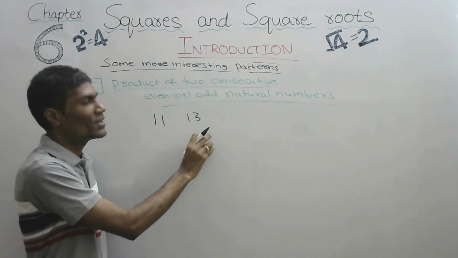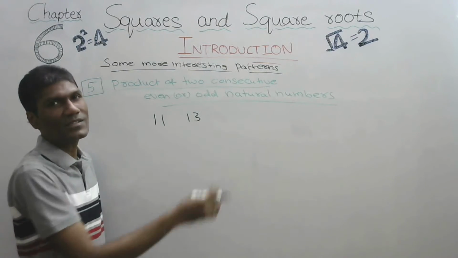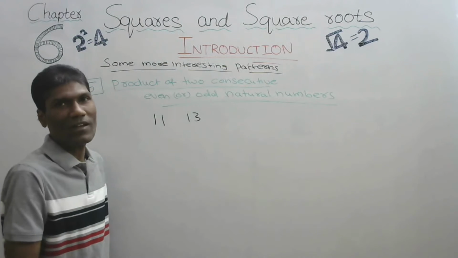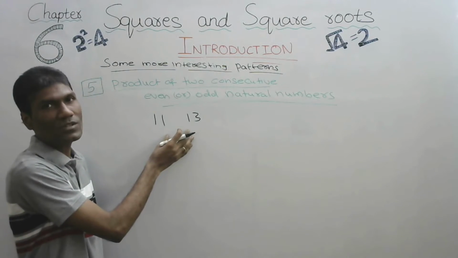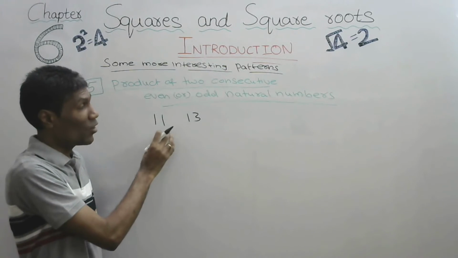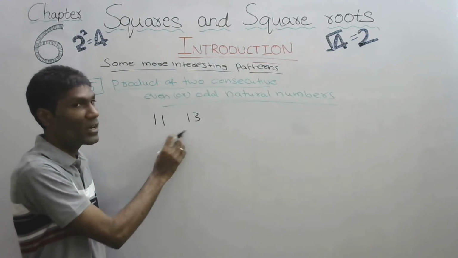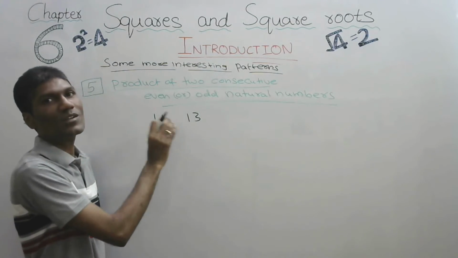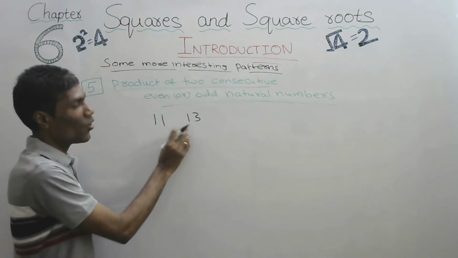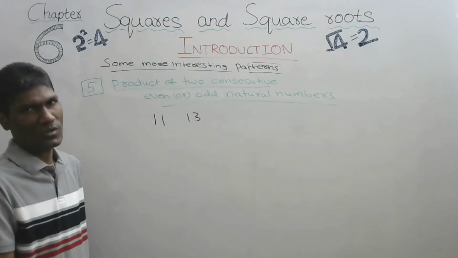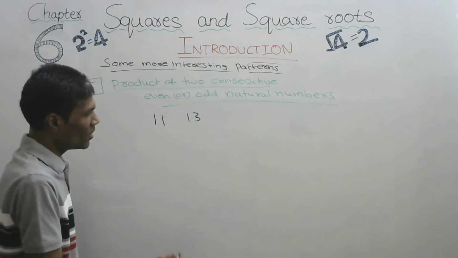Numbers side by side, or next number, like 3, 4, 7, 8, 10, 11. Then why am I saying these are consecutive odd numbers? As far as odd numbers are concerned, these are consecutive. We can take even numbers also, consecutive even numbers. Now let us see.